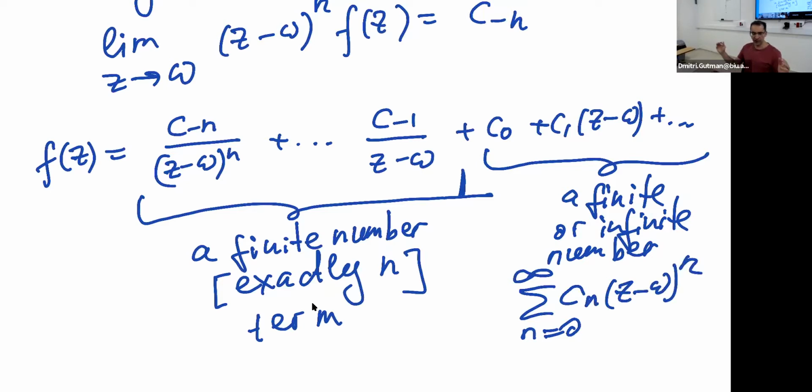So this is what the Laurent expansion near a pole looks like: a finite number of terms with negative powers, and exactly the number of terms equal to the degree of the pole.